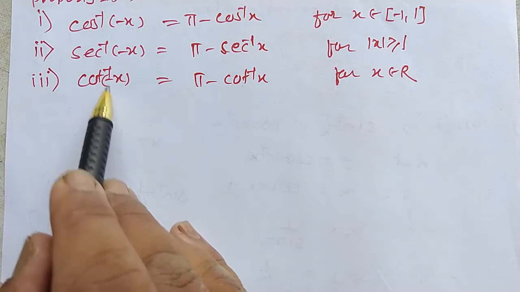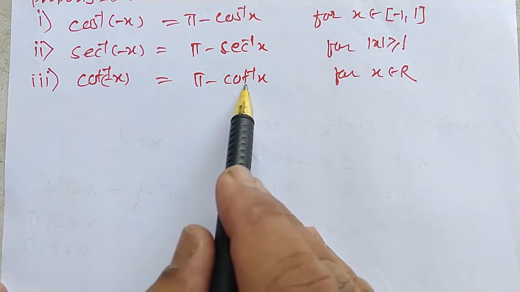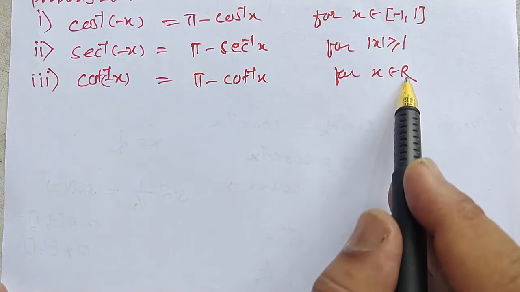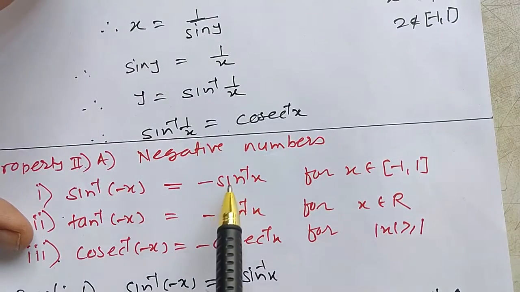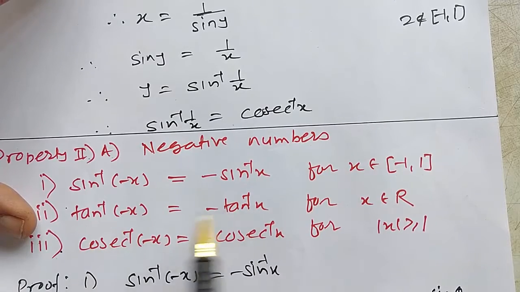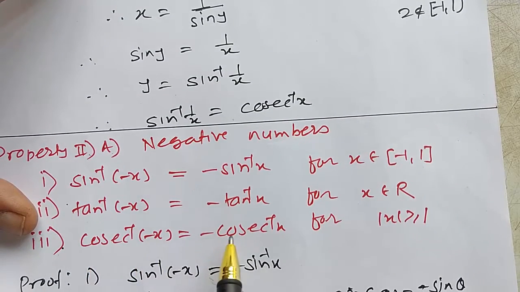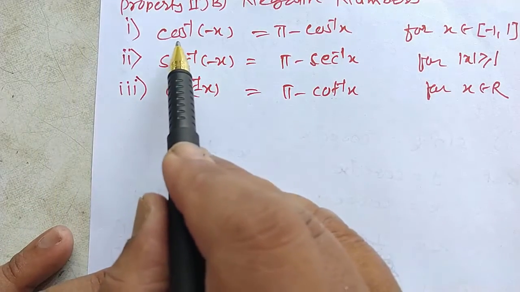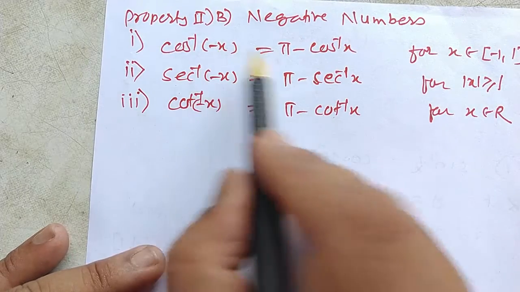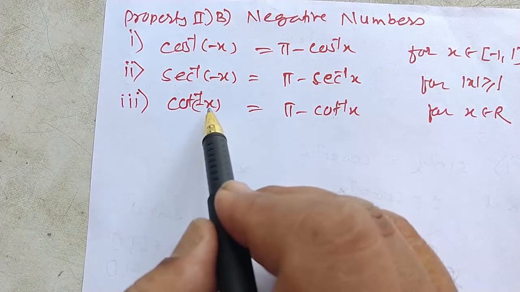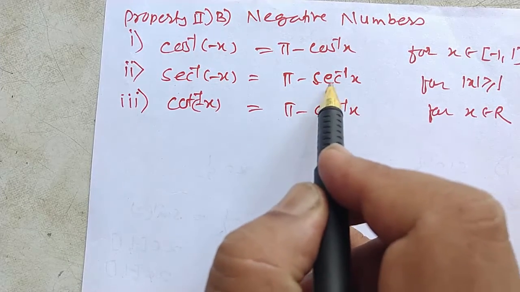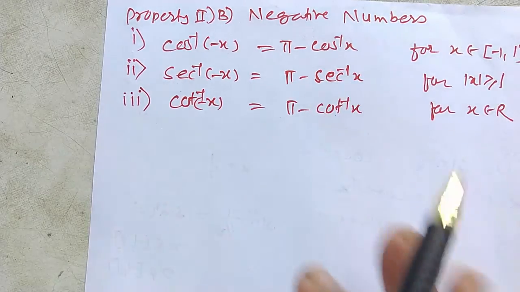And the third one, cot inverse of minus x is equal to pi minus cot inverse x for x belongs to R. Now, in property 2 of part A, we have seen sin inverse of minus x is equal to minus sin inverse x, tan inverse of minus x is equal to minus tan inverse x, cosec inverse of minus x is equal to minus cosec inverse x. But in part B, we must note that cos inverse of minus x is equal to pi minus cos inverse x. Similarly, for sec inverse x and cot inverse x, they are replaced by pi minus sec inverse x or pi minus cot inverse x.